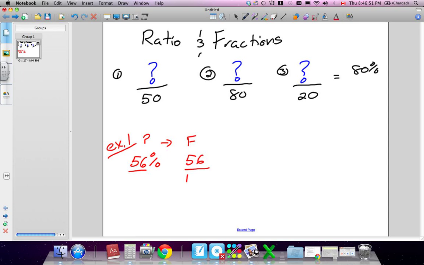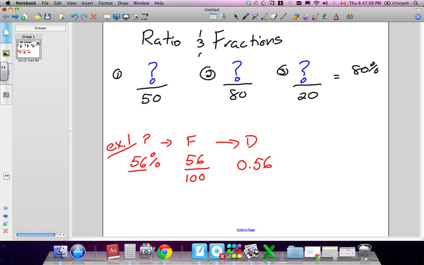And I now have a fraction. If I had to turn that into a decimal, 56 divided by 100 gives us 0.56. So we have all that.